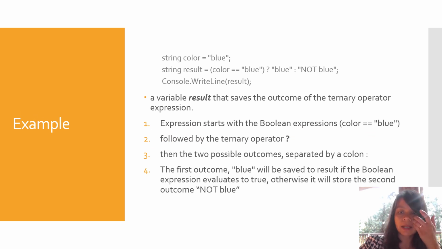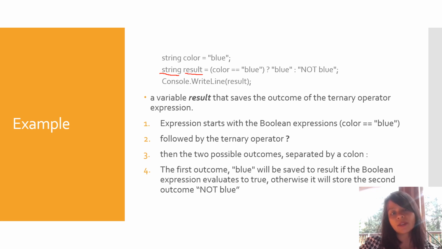Let's go look at an example here. Again, we have string color is blue: data type, variable name, value is blue. And we have another variable here, data type is string, the variable name is result.